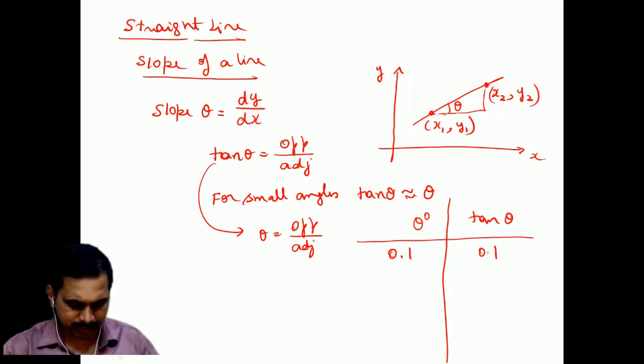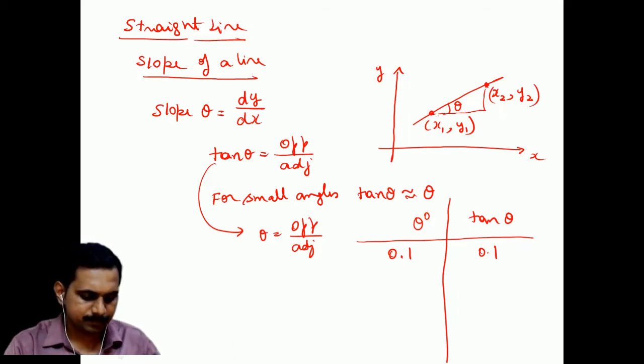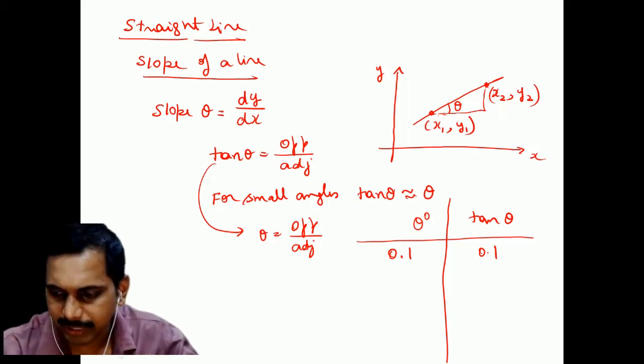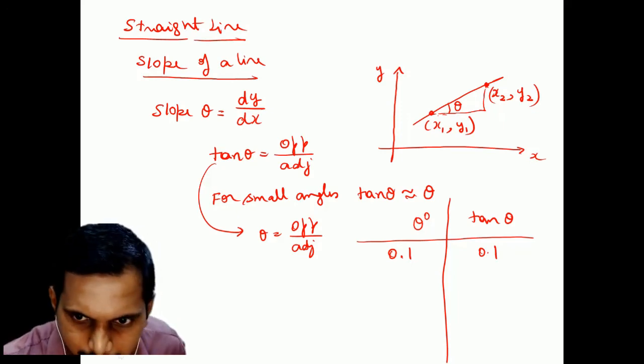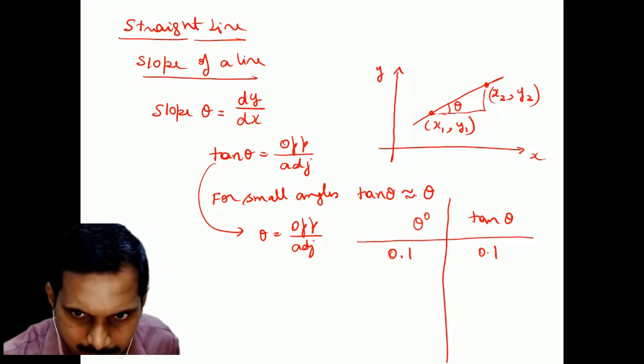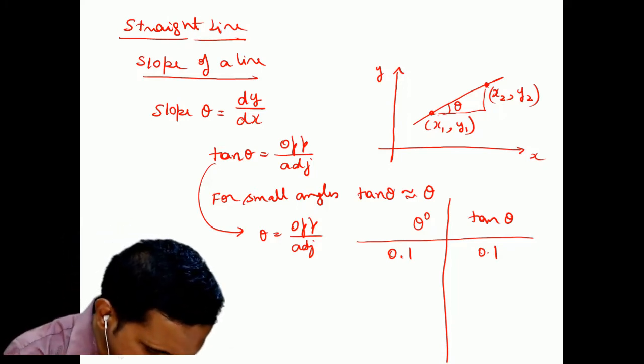Nearly 0.1, correct? What do you say, students? Tell me the answer. Basics, we are going with the basics. I am checking your basics because I know where you make mistakes. What is the answer you got? Tan theta is 0.1. Yes, sir. So tan of 0.1 degrees is 0.1, is it not?